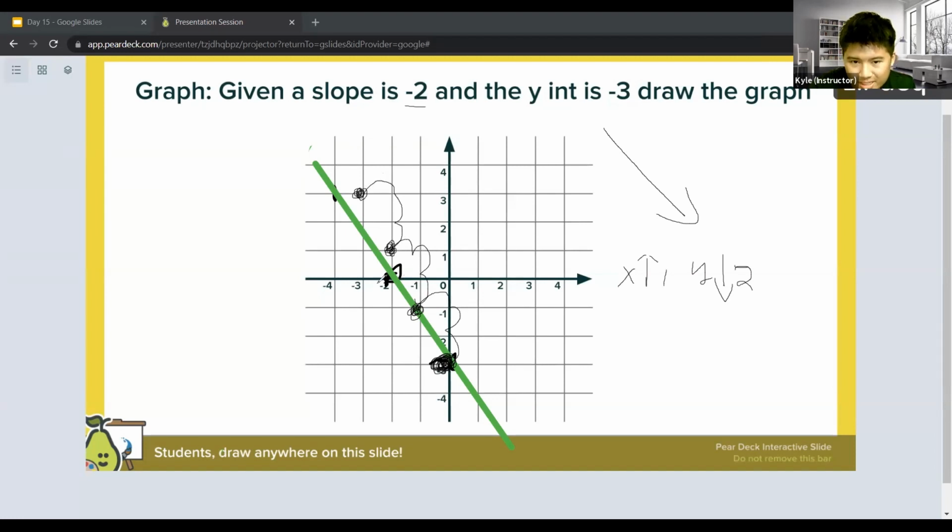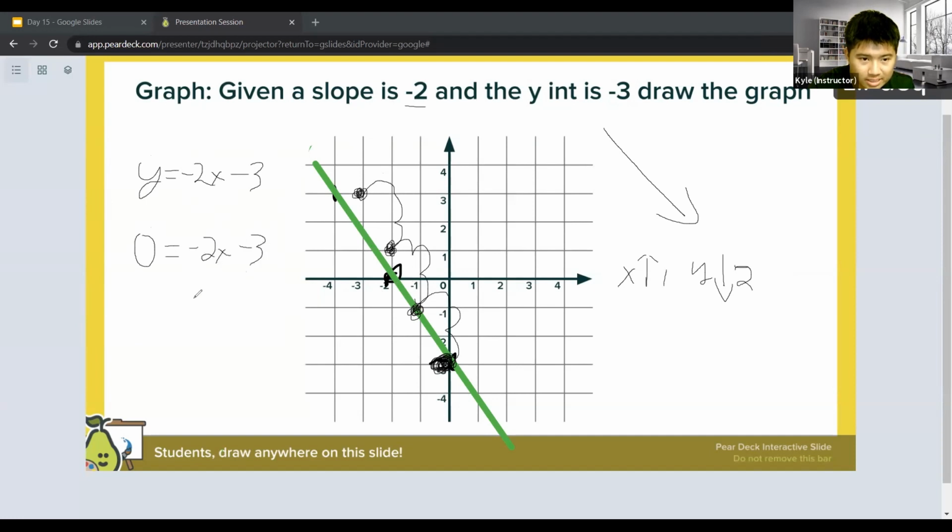So in actuality, this equation, y equals -2x minus 3, does not cross -2. -2 is not an x-intercept. And we can test this by setting y equals 0.